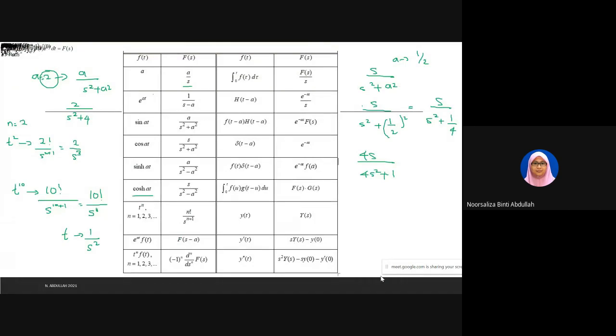Okay, so we refer to this table to do the inverse. Okay, inverse and also Laplace, we refer to the same table.